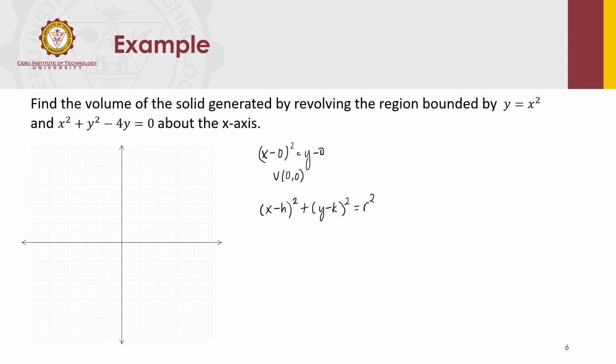Since we have only x squared and no x term, h is 0. And then for (y minus k) squared, there's a y term, so that's y squared minus 4y.